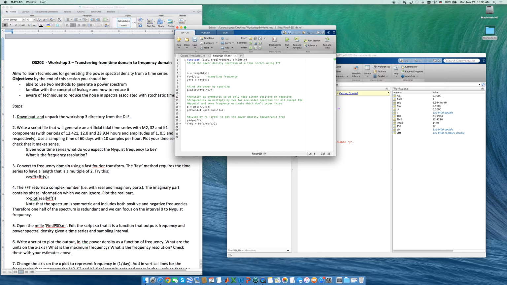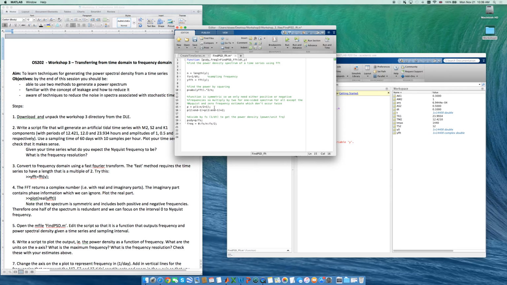So the first command here, p equals p of 1 to n over 2 plus 1, is defining the first half of the time series. Then we need to multiply those frequencies which are repeated in negative frequencies by 2.